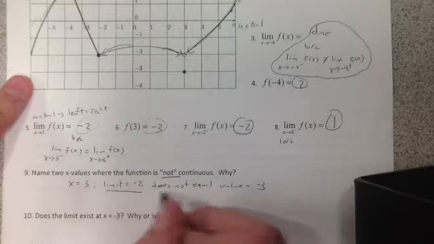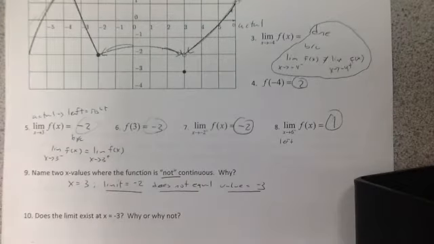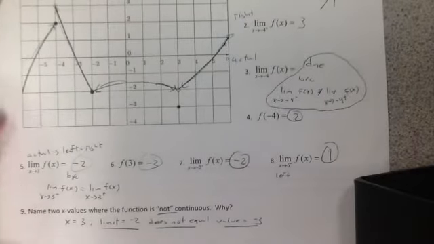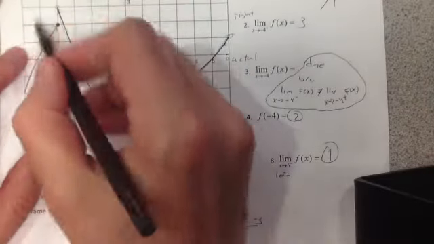So the limit does not equal the value, and that's what we're looking for. Now, another harder one, where else is it not continuous? Graphically, it's easy to look at. It's at -4.